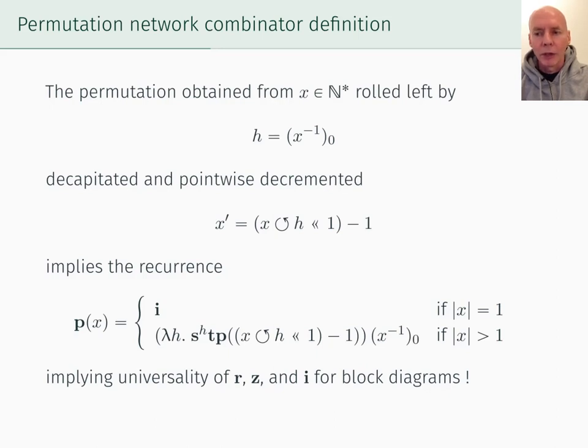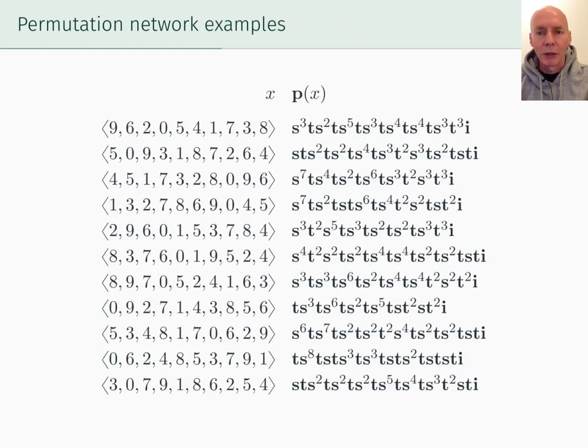So that's a pretty good indication that these operators rack, Z, and I are universal for all block diagrams. And it's nice to know that this algorithm for generating permutation networks is not computationally expensive in case we ever want to use it. It handles whatever you throw at it.